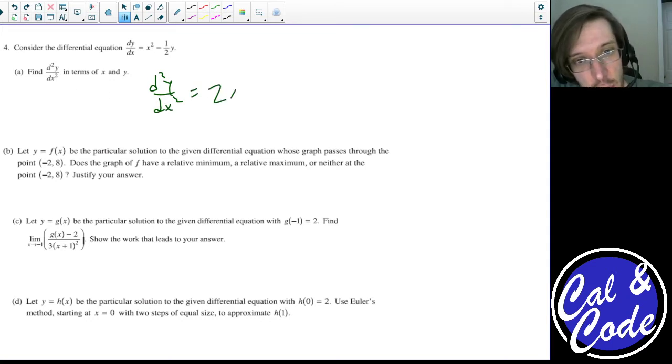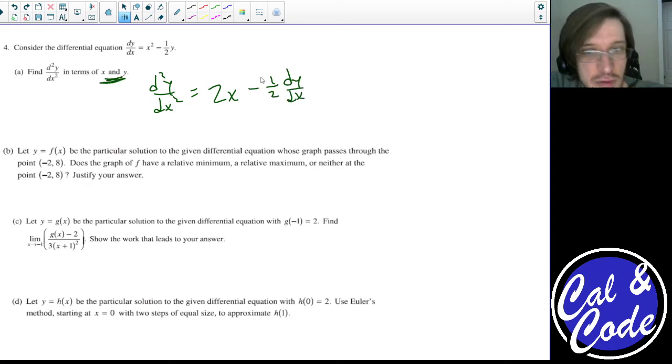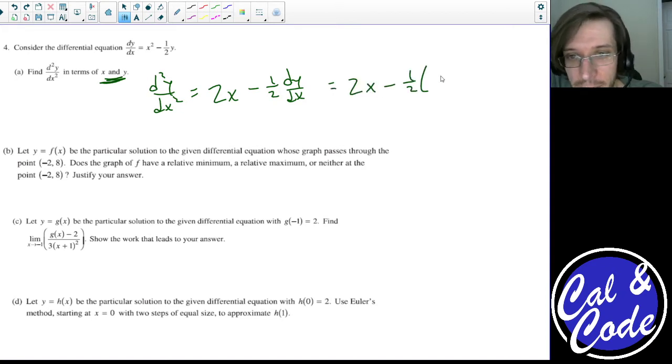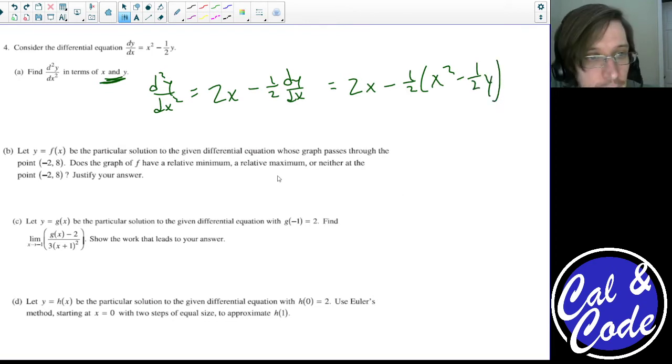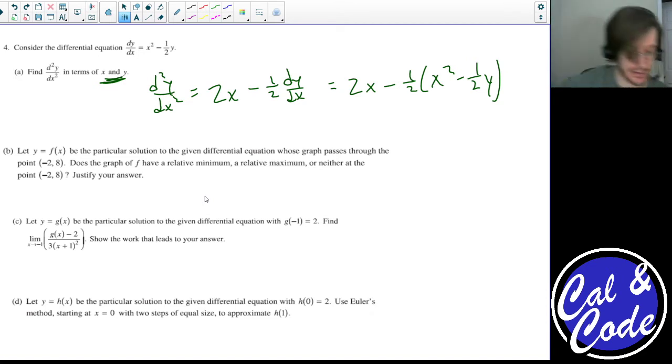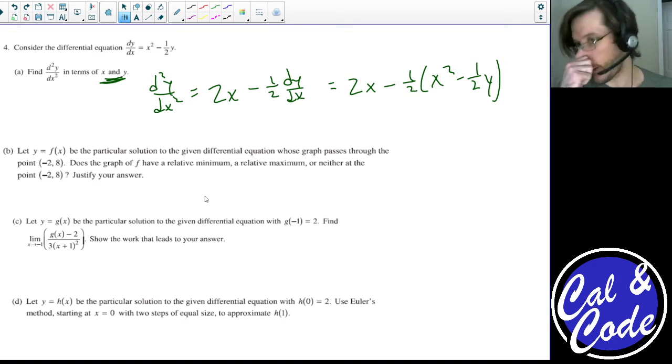We'll get 2x minus 1/2 dy/dx. I can't leave it like that. They say they want it in terms of just x and y. So this is 2x minus 1/2 times x squared minus 1/2 y. All right, that part was an AB level question, so that part alone was not all that crazy.